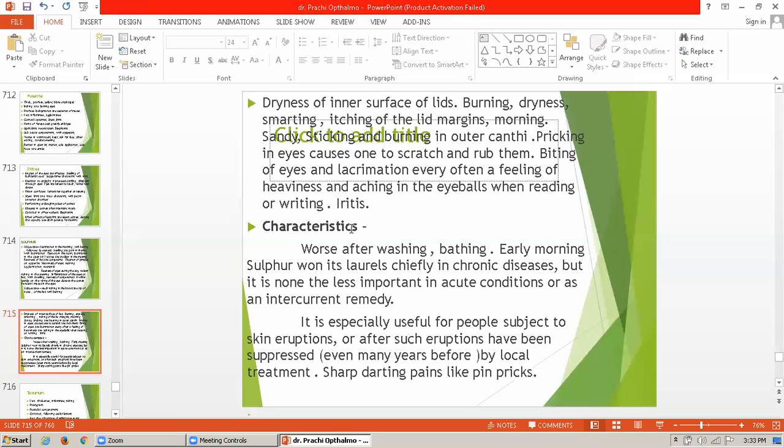Iritis. Characteristics are worse after washing, bathing, and early morning. Sulfur owns its laurels chiefly in chronic diseases, but it is none the less important in acute conditions or as an intercurrent remedy.